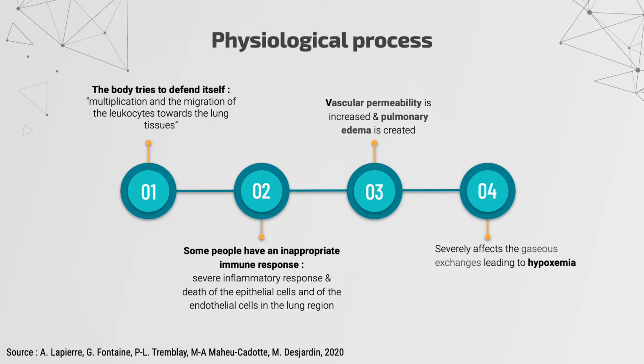Then we can observe some vascular permeability being increased, and also a pulmonary edema, which is basically a medical term used for swelling. And last, in very summarized terms, we can see how it all leads to hypoxemia, which is, again, a medical term for a low level of oxygen in the blood.